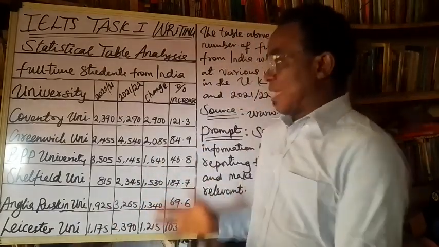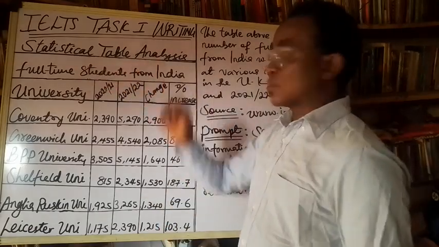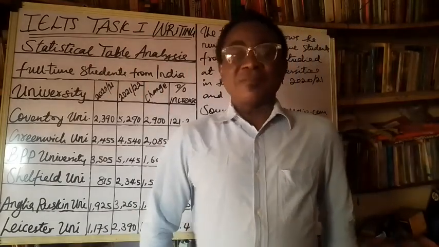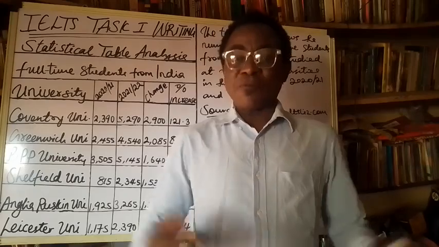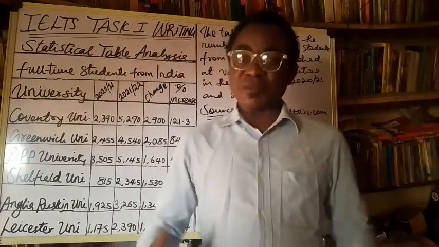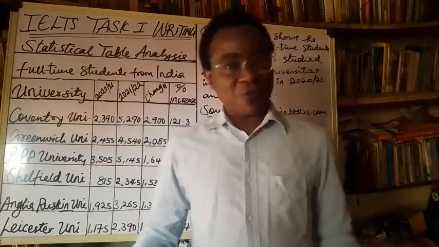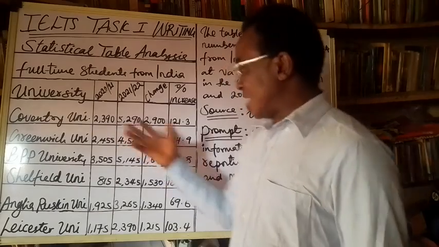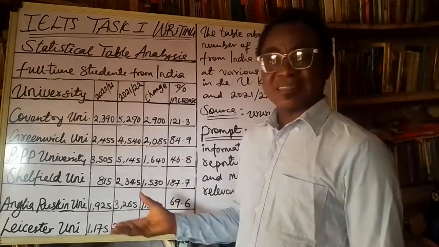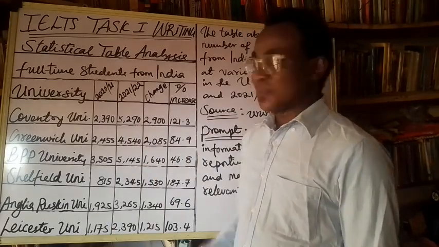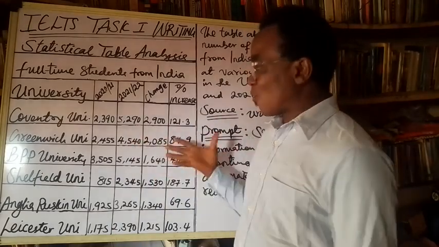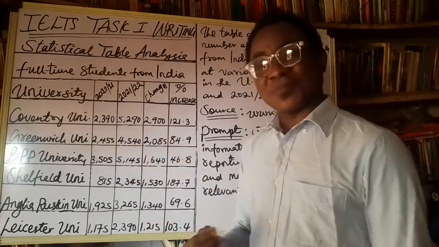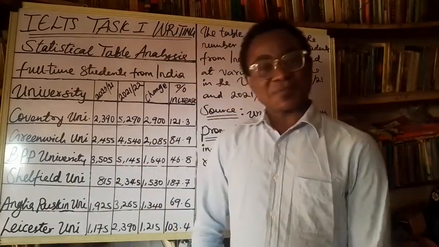So a table like this is called a statistical table. Statistics means data or information that exists in the form of figures. It means to reduce information of any nature to numbers. So a table that presents economic variables like the ones that we see here, reduced to numbers, is an example of a statistical table.